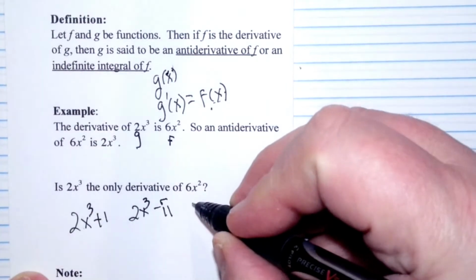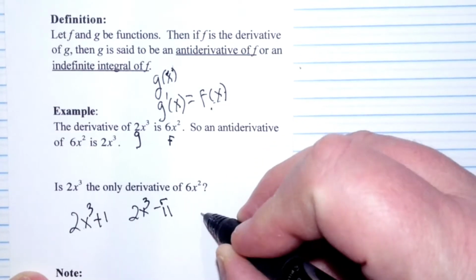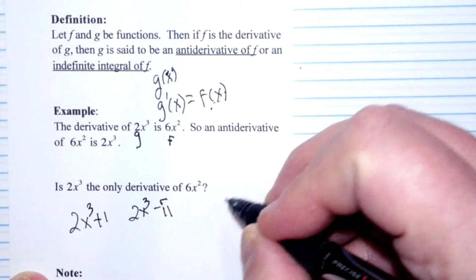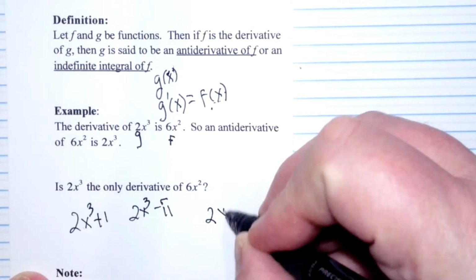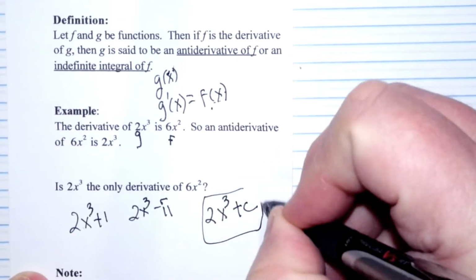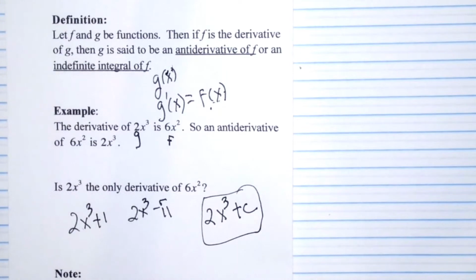So actually, any function of the form 2x cubed plus c, where c is a real constant, is an antiderivative of 6x squared.